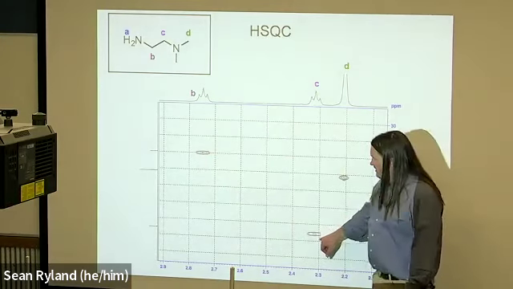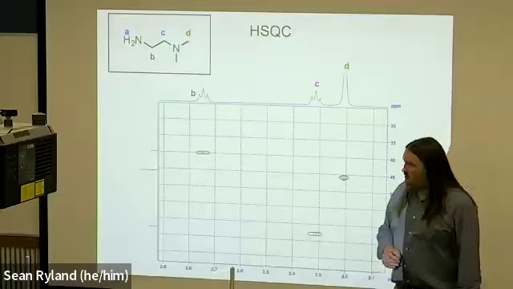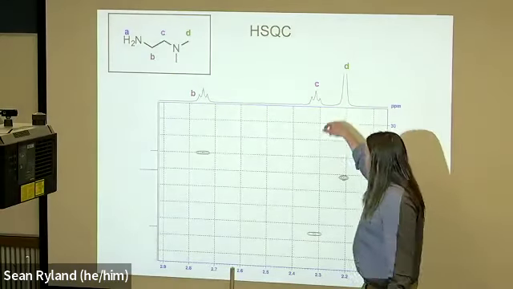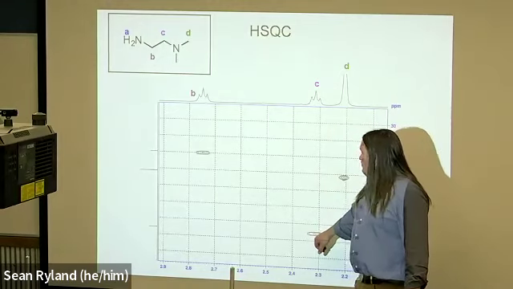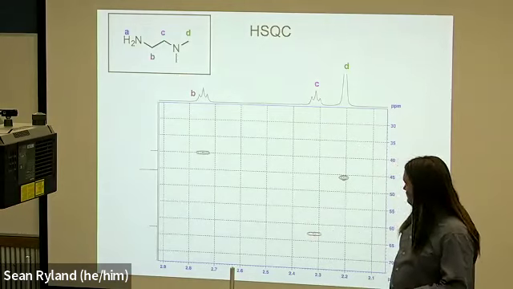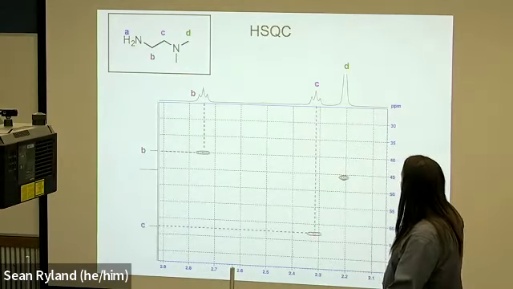So more de-shielded carbon in less de-shielded protons. Oh, did I say that backward? More de-shielded protons, less de-shielded carbon. I still think I'm saying that backwards. I can't find where I'm saying it backwards.